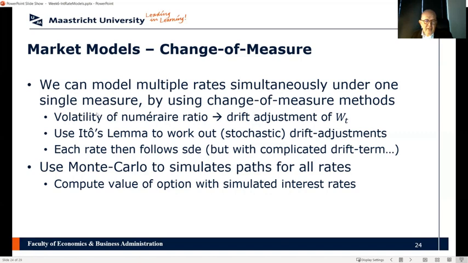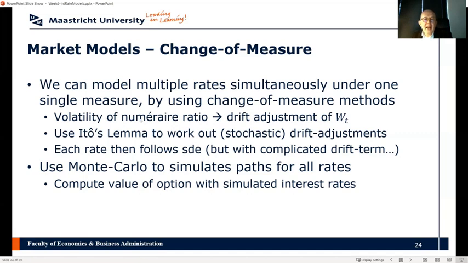If I'm changing a probability measure, then I should look at the ratio of numeraires that belongs to these two martingale measures, and the volatility of that numeraire ratio, by Girsanov's theorem, is the drift adjustment to the Brownian motion that we need to account for the impact of a change in probability measure.